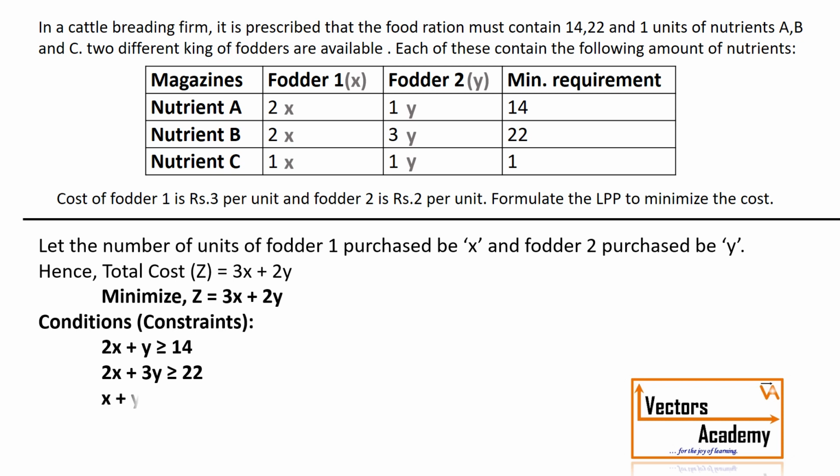The last constraint, x plus y is greater than equal to 1. And remember the last two constraints, x greater than equal to 0, y greater than equal to 0, because we cannot purchase negative units of fodder 1 and fodder 2. Okay, so this is how we formulate an LPP.